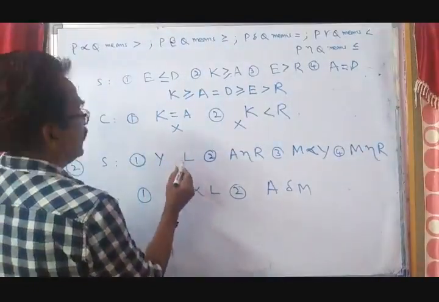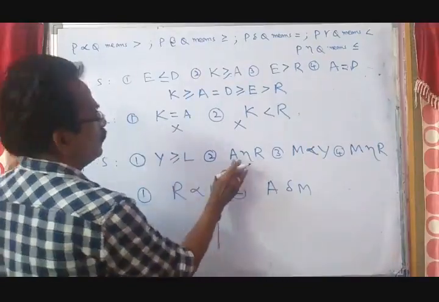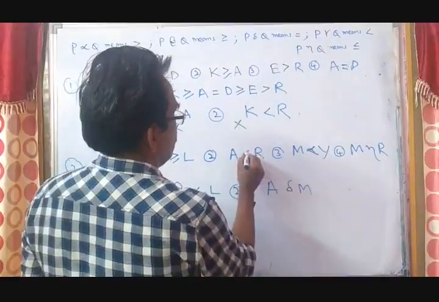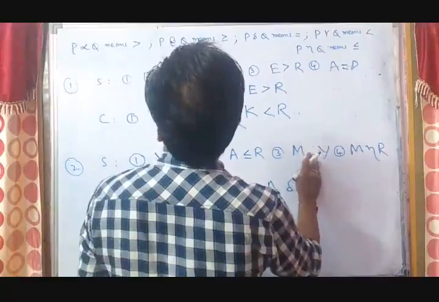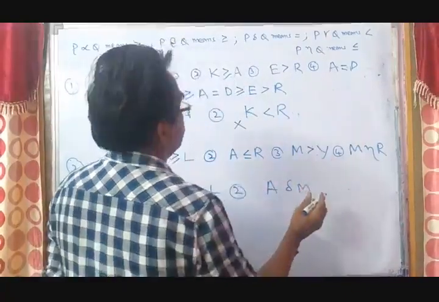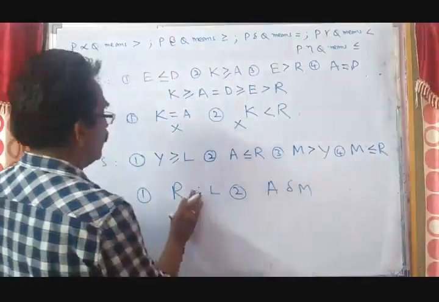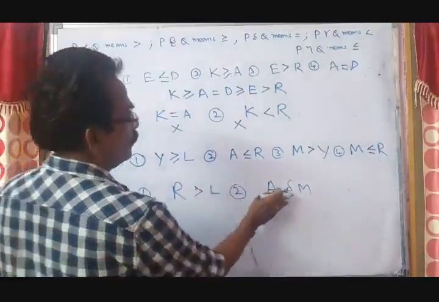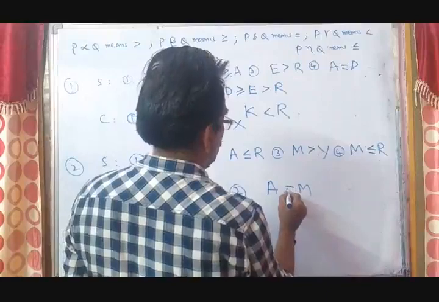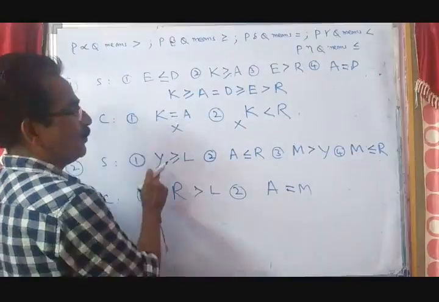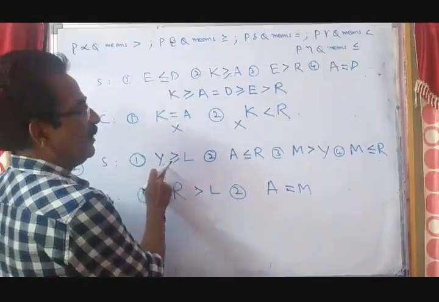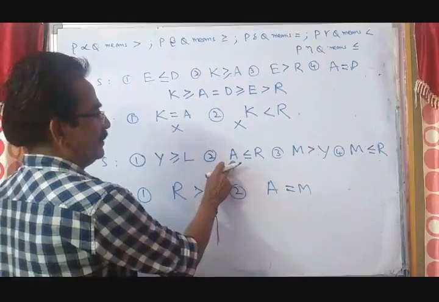Beta means greater than or equal to, beta means less than or equal to, alpha means greater than, alpha means greater than or equal to, delta means equal to. So here only one A is there.